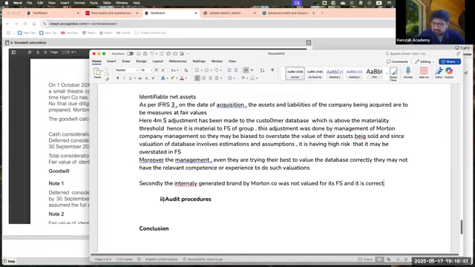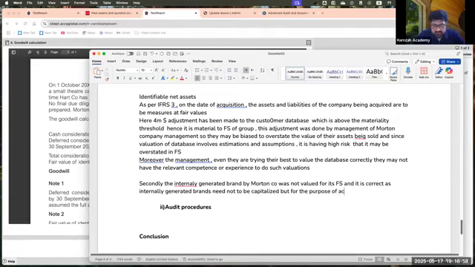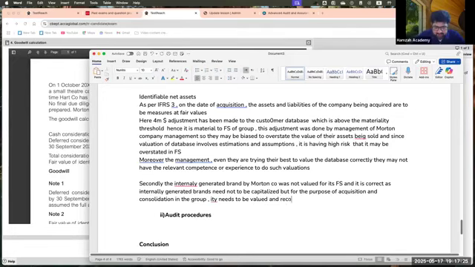And it is correct, as internally generated brands need not be capitalized, but for the purpose of acquisition and consolidation in the group, it needs to be valued and recorded in consolidated financial statements.